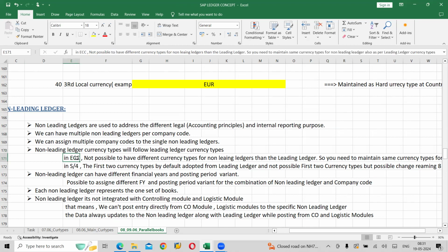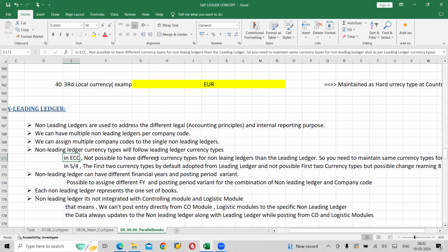Any questions here? No. Right? In ECC, it's not possible to have different currency types for non-leading ledgers than the leading ledger. We can't assign different ones; whatever leading ledger currency is there, it will follow.